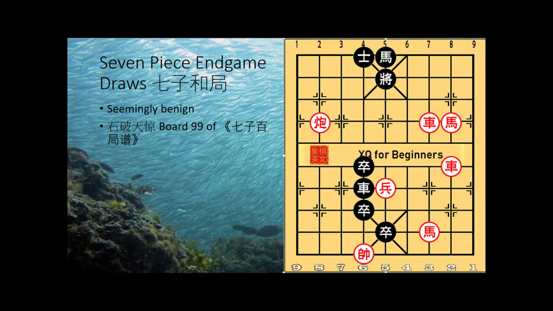I found this in one of my files, and it's called 识破天惊. Unfortunately, I was not able to identify the creator of this puzzle, but it is deceptively simple, and do try it out on the URL below.